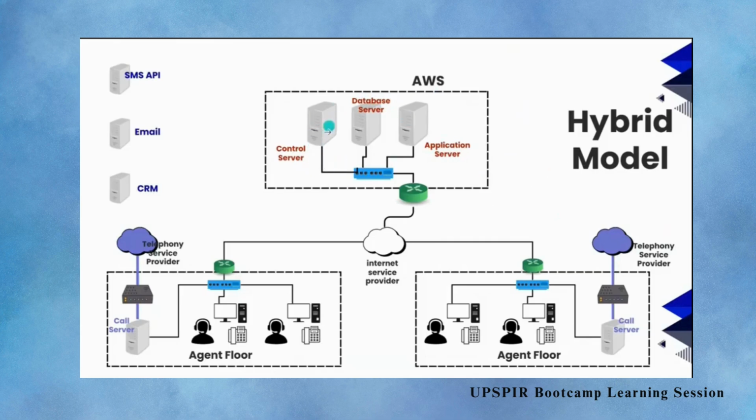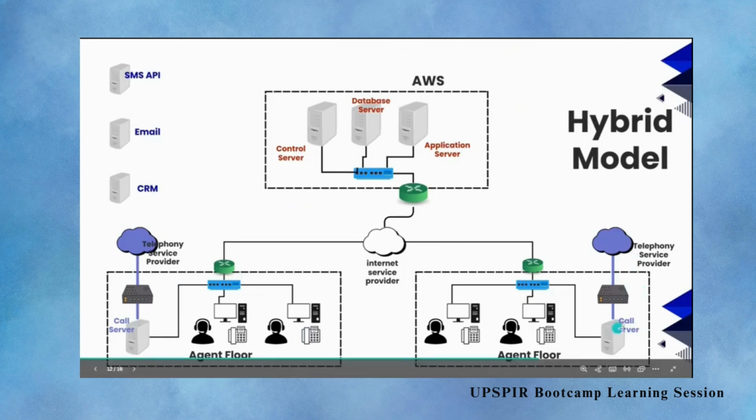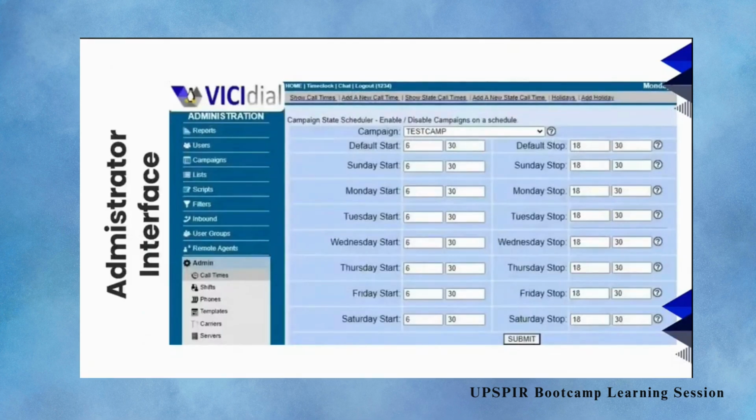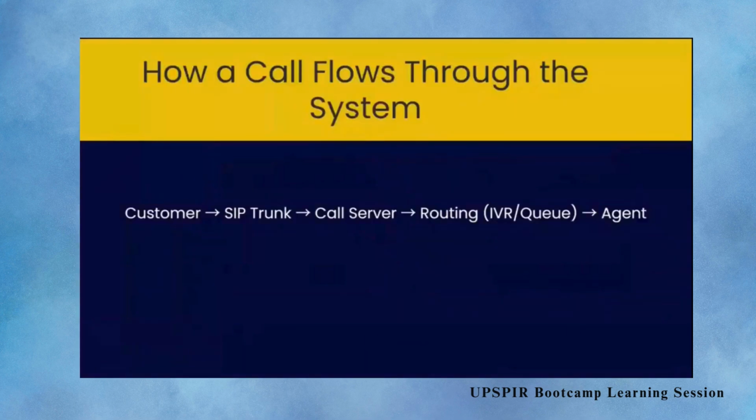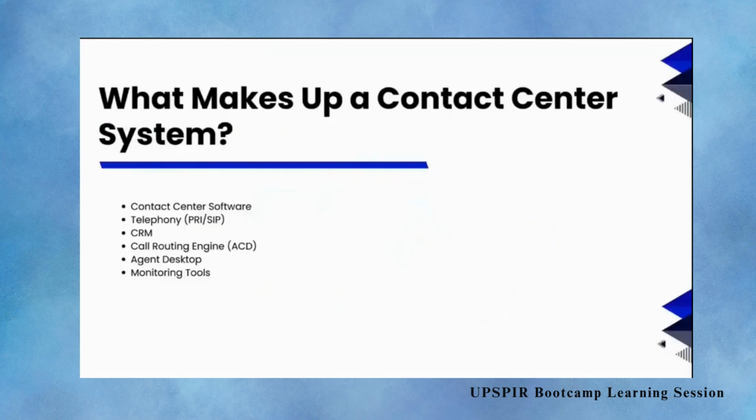All the main application services, as we discussed the application layer, remain in the cloud. Your telephony layer and your agent layer come in your local office. So this is about the basic architecture and deployment of a call center component.